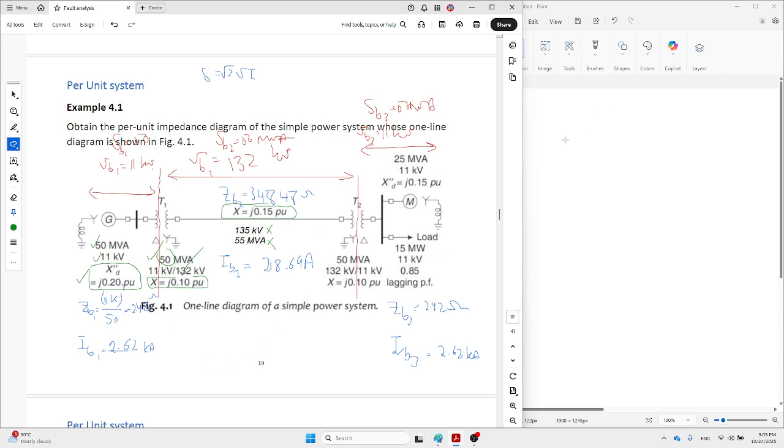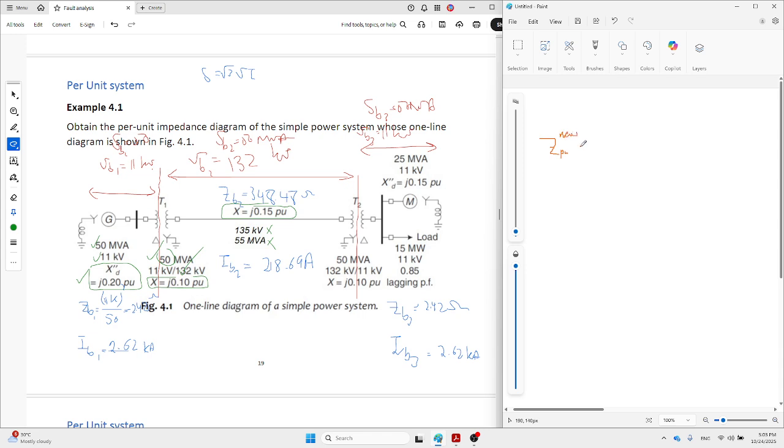The new value here, let me open. So Z per unit new is Z per unit old, which is 0.15, there is a J. If you want, you can mention it or just keep it for the end. Times S base new over S base old. S base new is 50, S base old is 55, correct?